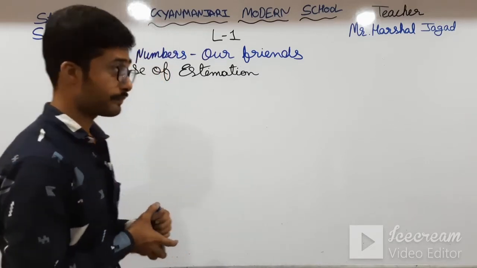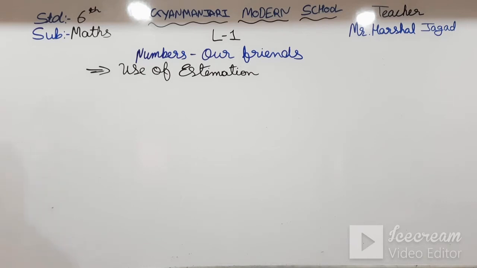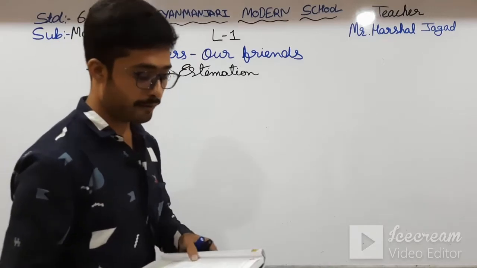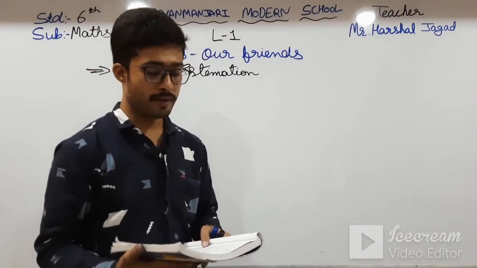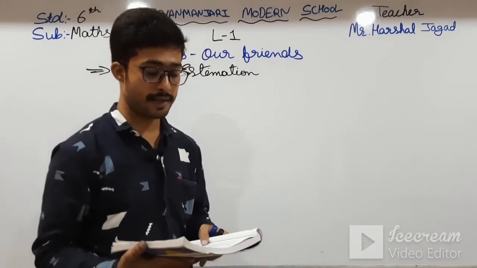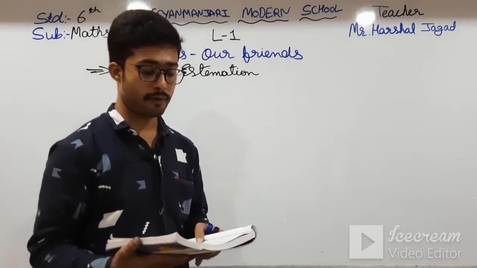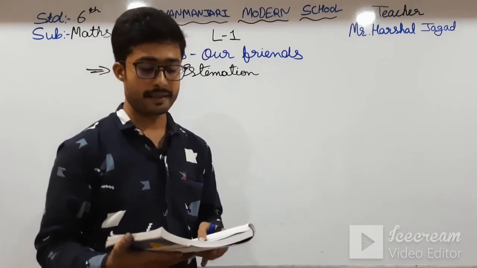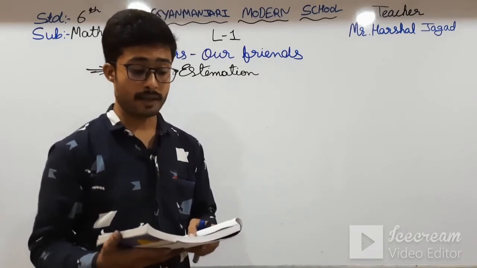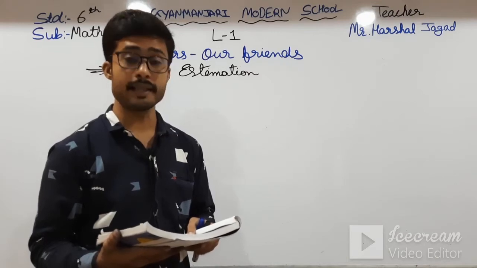Okay students, here we take an example number 16. Before starting example number 16, I will read the use of estimation from your textbook. You must have come across news headlines involving large numbers. For example, 50,000 people participated in the marathon, 5 lakh people gathered for a dip in the Ganga.